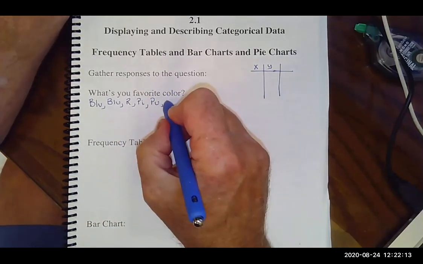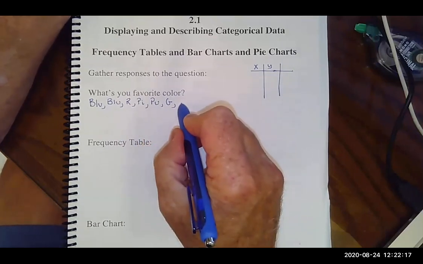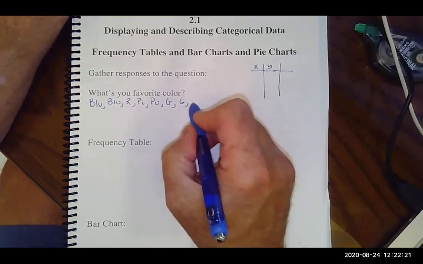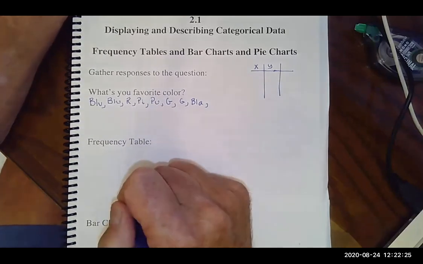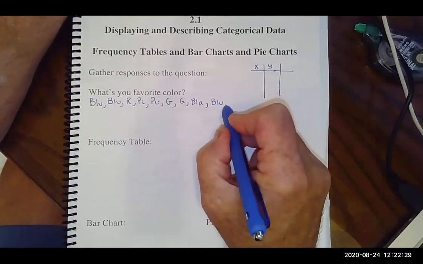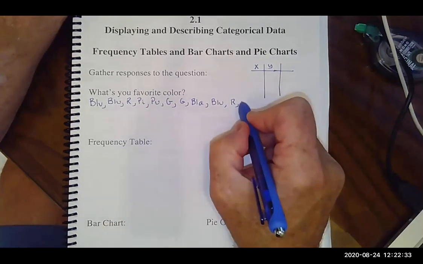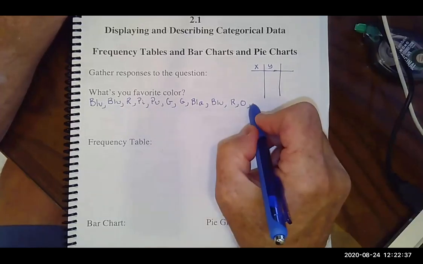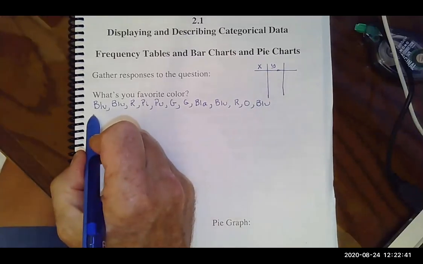Green. Black. Okay, so black I heard. I'll put BLA. Blue. Red. Orange. Blue. Blue.